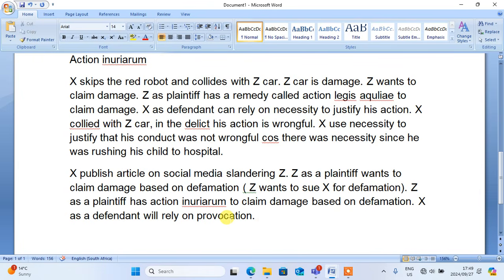He provoked me, and then I published that article. I'm trying to show you the difference between grounds of justification and the remedies, so that when you get into the examination, you won't confuse these two, right? Okay.